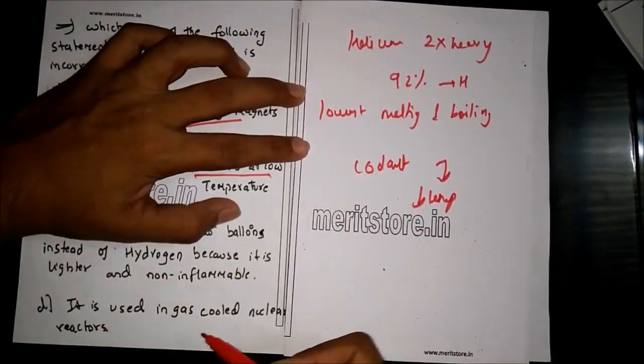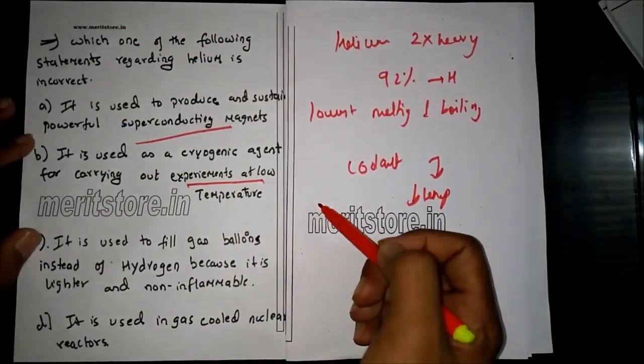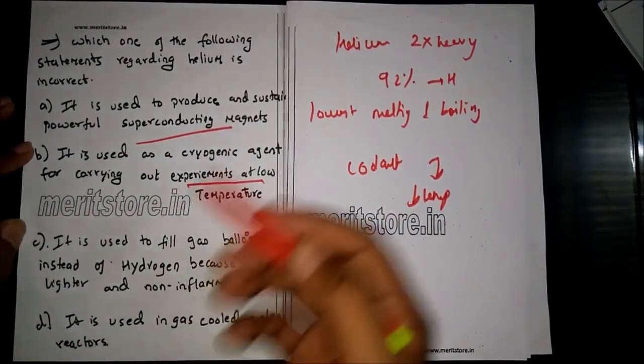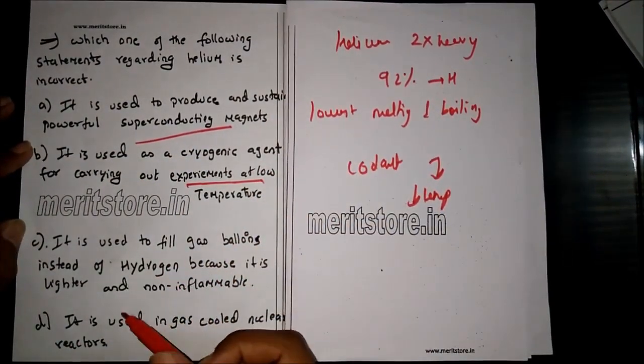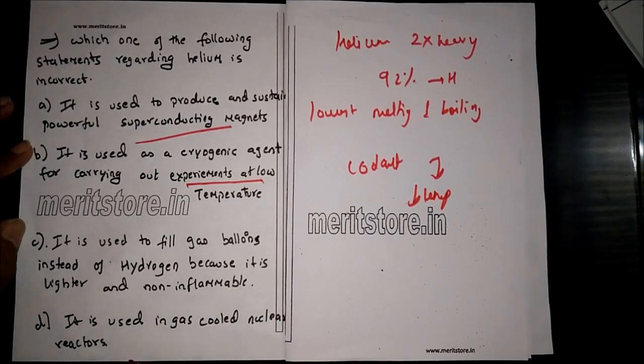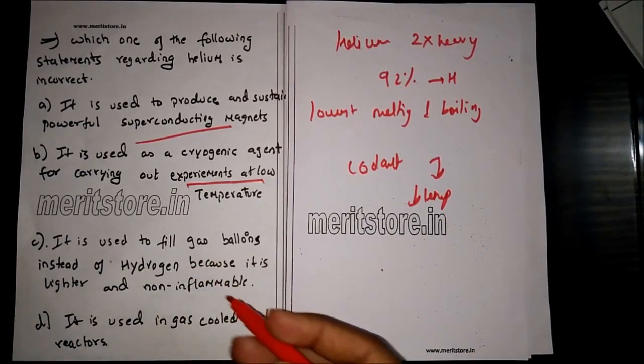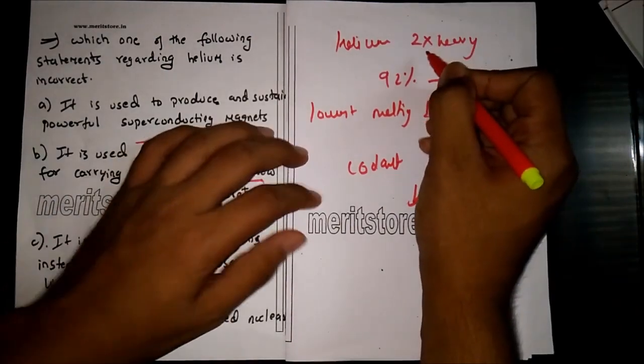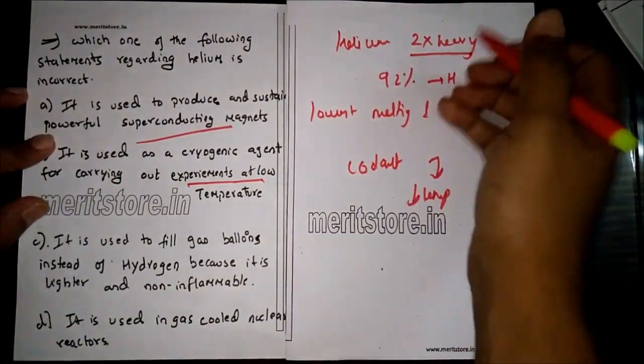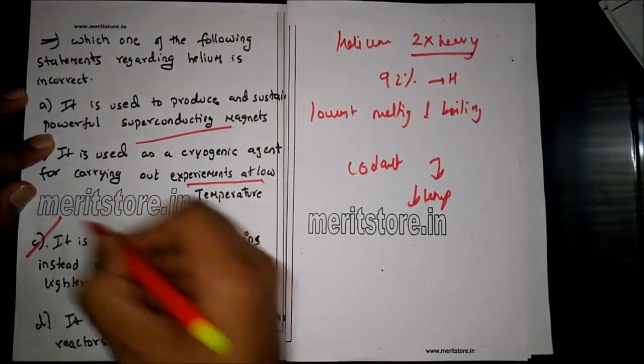It is also used in gas-cooled nuclear reactors. Therefore, options A, B, and D are correct about helium. However, option C is incorrect since hydrogen is lighter. It will let the balloons float, while helium is twice as heavy as hydrogen. Therefore, C is the incorrect option.